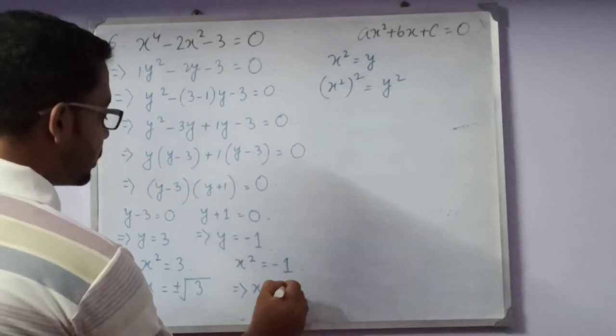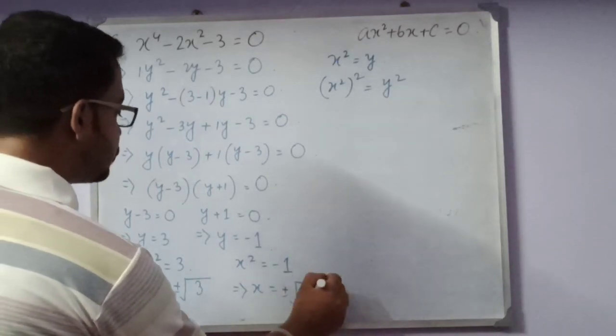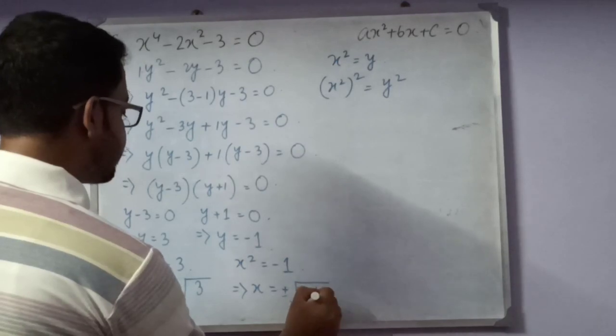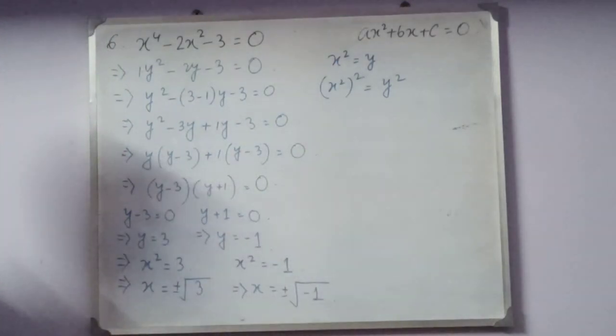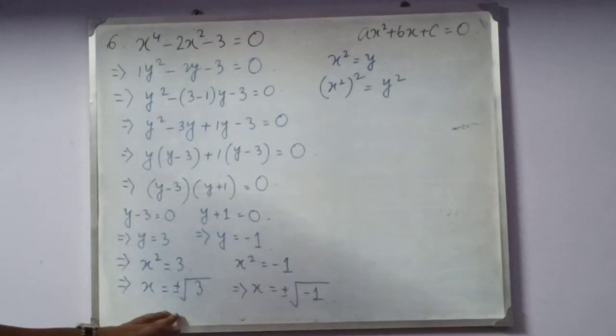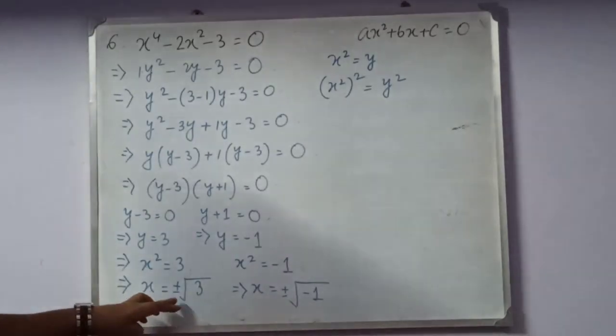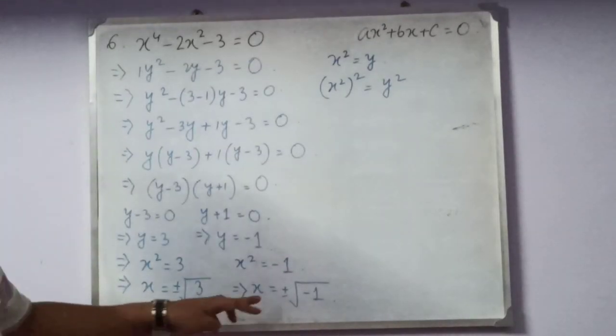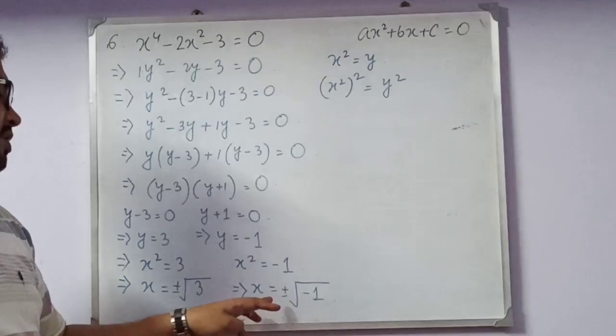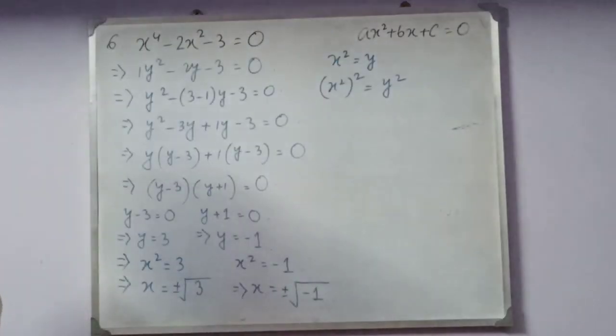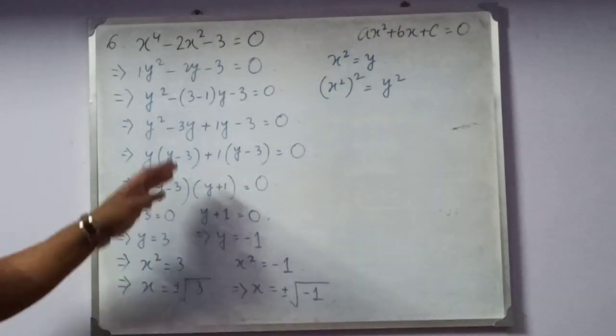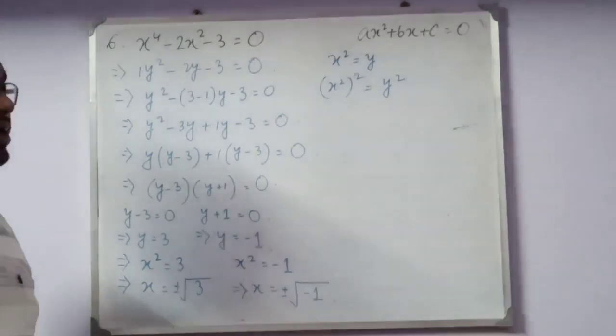So x is equal to plus minus root of minus 1. So these are my answers. Remember here 4 answers come. Plus root 3, minus root 3, plus root of minus 1, minus root of minus 1. These 4 are my answers for these equations.